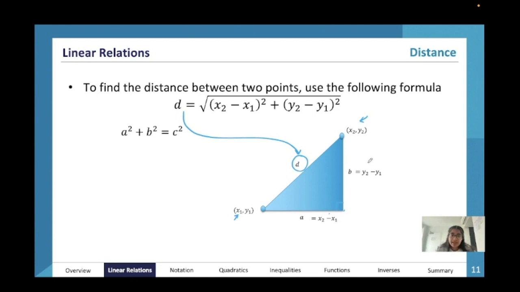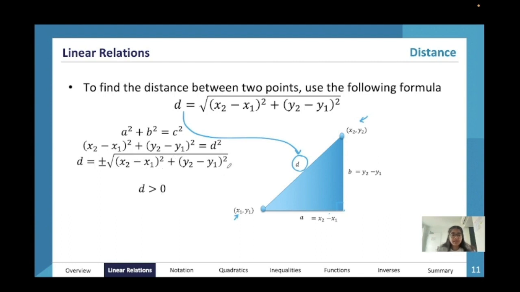Remember Pythagoras: a squared plus b squared equals c squared. Here, your c is basically d, because it's just a distance. So a squared is x2 minus x1 squared, b squared is y2 minus y1 squared, and that's equal to d squared. Then to get d, you have plus or minus the square root of x2 minus x1 squared plus y2 minus y1 squared.